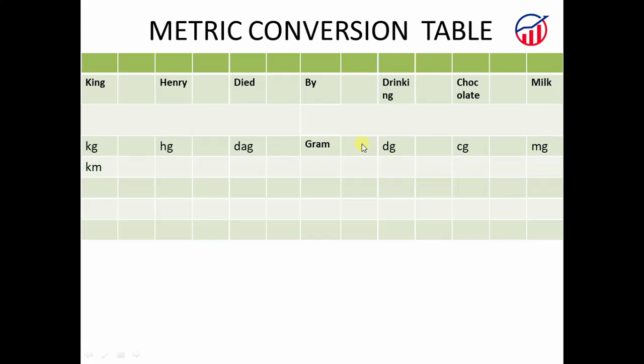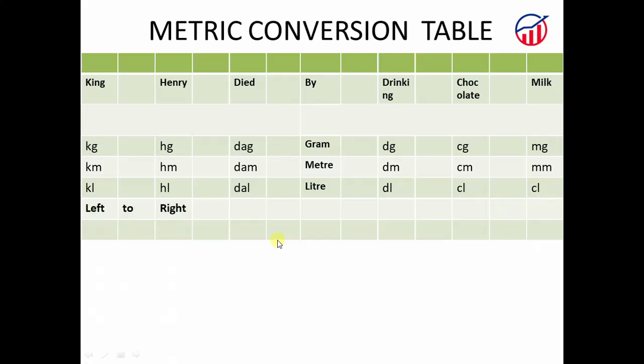Then you go to distance, so it's kilometer, hectometer, decameter, meter which is the base value over here. Then you have decimeter, centimeter, millimeter. Next you have the liquid measures, so it's kiloliter, hectoliter, decaliter, liter which is the base. Then you have deciliter, centiliter, and milliliter over here.